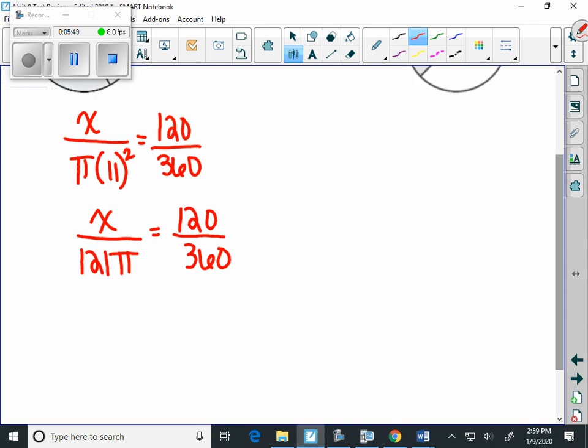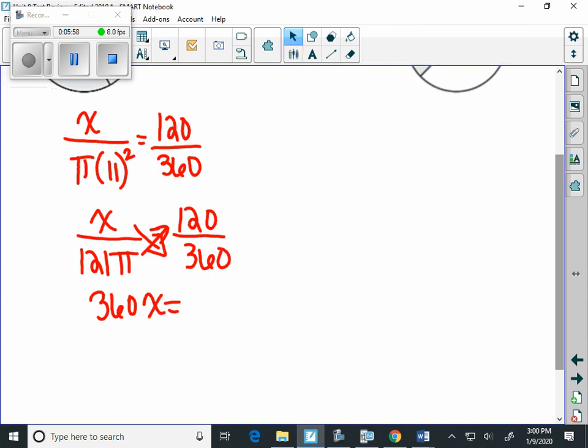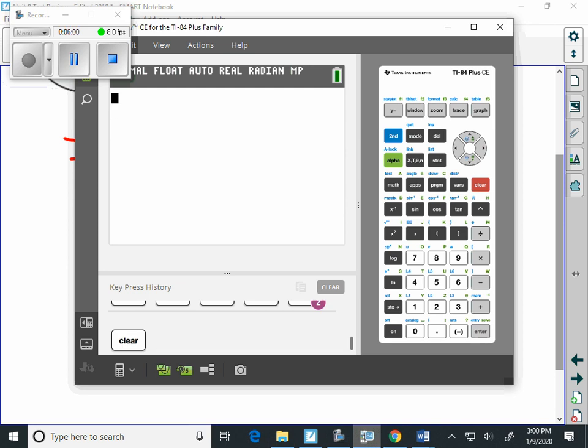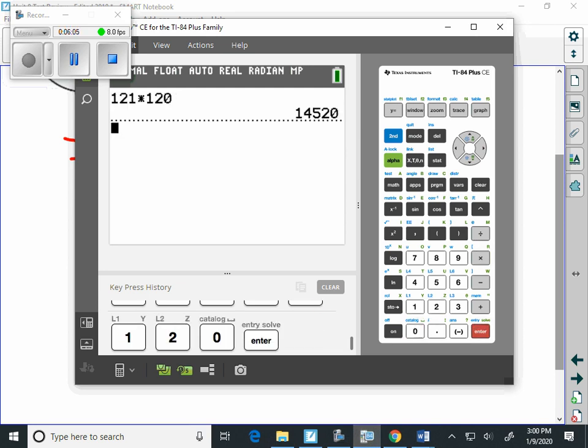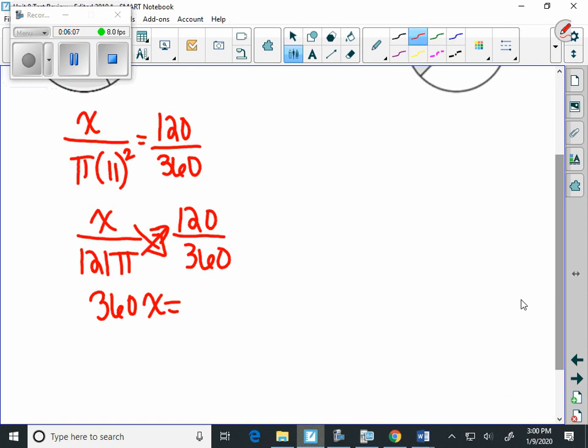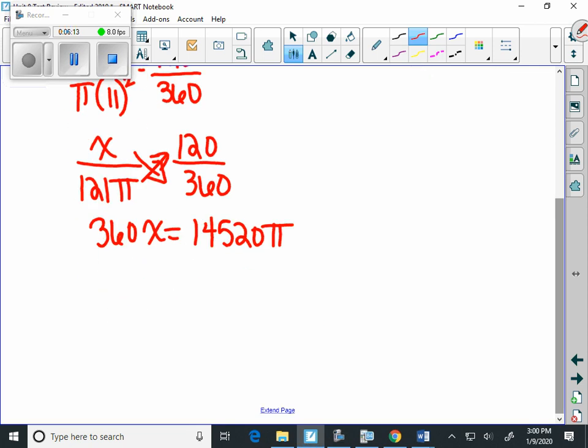And now we can cross multiply. So we get 360 times x equals 121 times 120. So we get 14,520 pi. And we can divide both sides by 360.